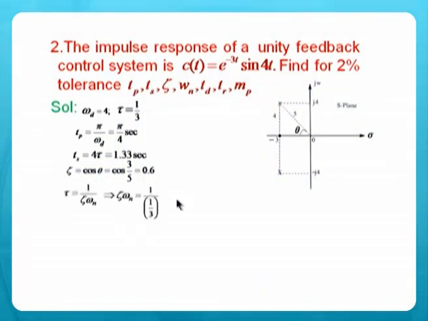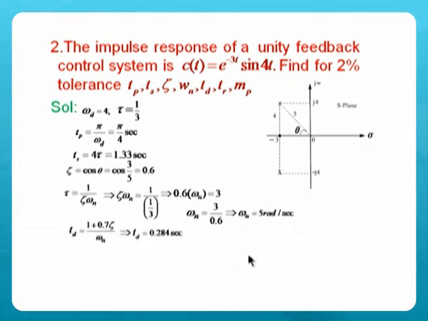Now the time constant tau is given by 1 by zeta omega n. So from this you get zeta omega n as 1 by 3, because the time constant tau is 1 by 3. From this equation we get the value of omega n as 5 radians per second.